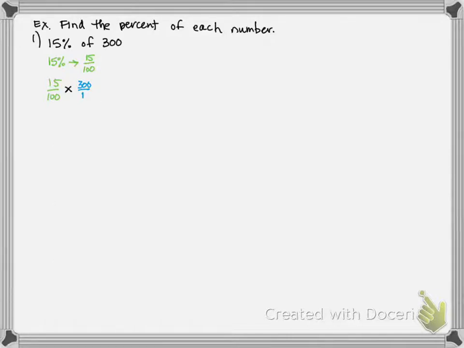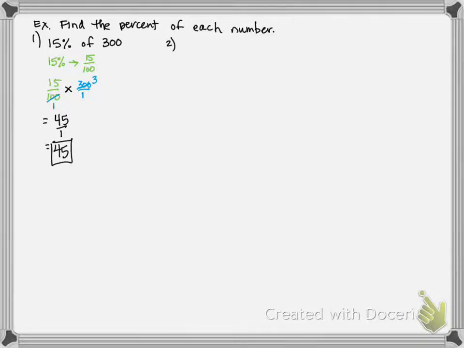So I'm going to look on the diagonals, and I know that 100 goes into itself once and into 300 3 times. So when I multiply, I get 15 times 3 is 45 over 1, which simplifies down to 45. And that's it. That's how we get an answer.